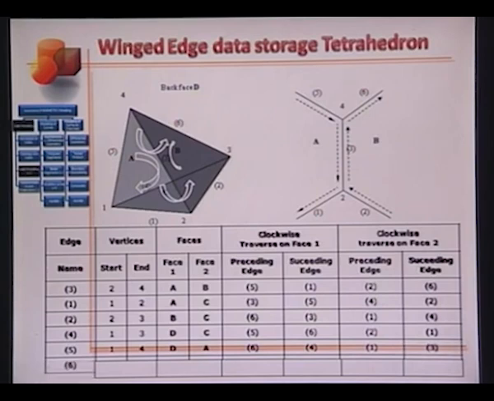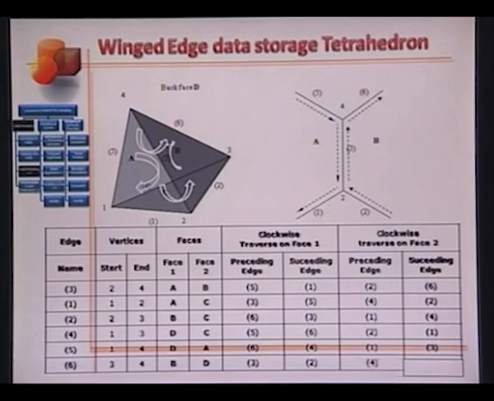And for the last edge, which is edge 6, start and end vertices are 3 and 4. Two faces are B and D. On face B, the preceding edge is 3, succeeding edge is 2. On face D, the preceding edge is 4 and the succeeding edge is 5.